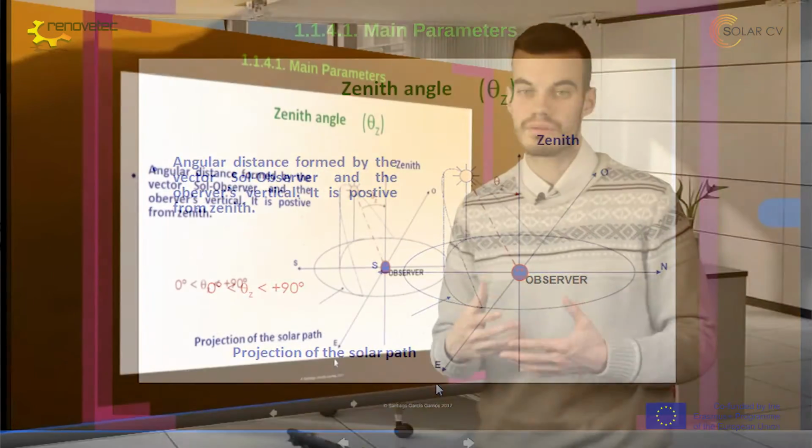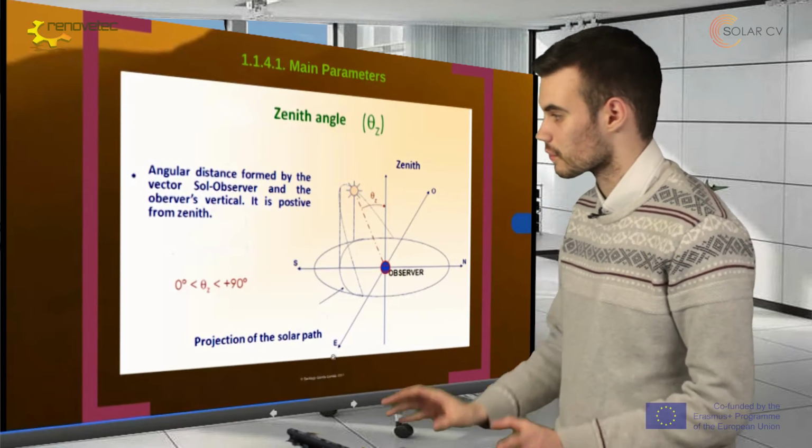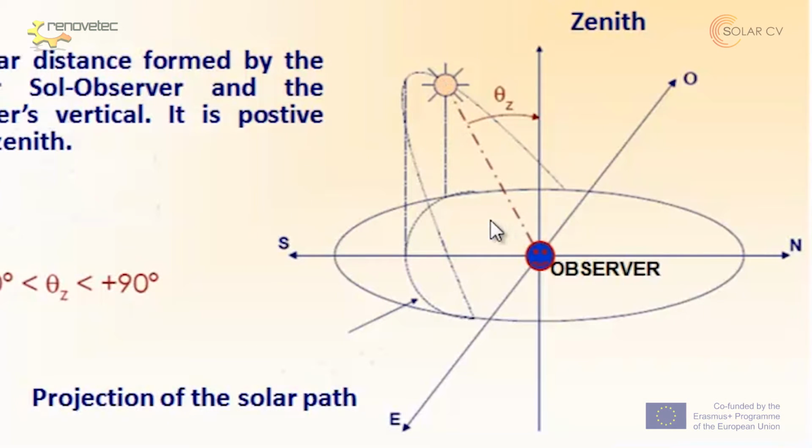And we need to define some main parameters. For example, the zenith angle is very important, because it's the angle between the sun position and our vertical. Here is the observer, and we have this vertical, and this angle is the zenith angle.